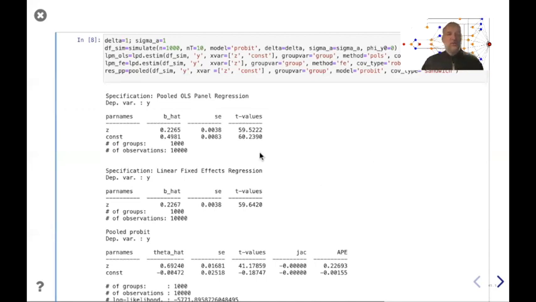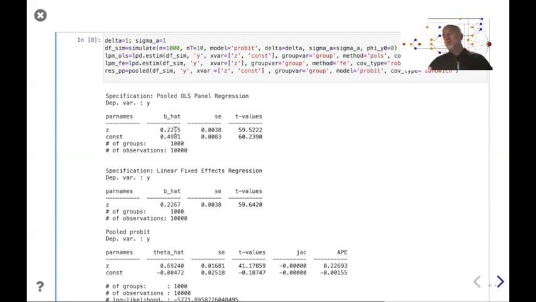Here are the results. The pooled OLS regression on these simulated data, where there's no correlation between unobserved effects and explanatory variables, gives a coefficient on C, our time-varying variable, of 0.22.